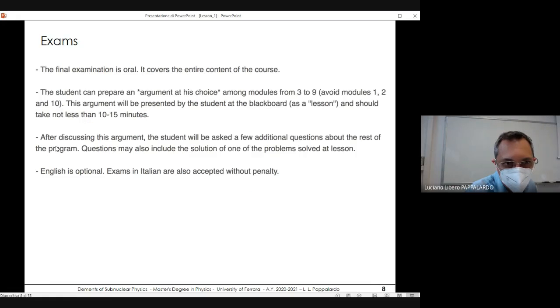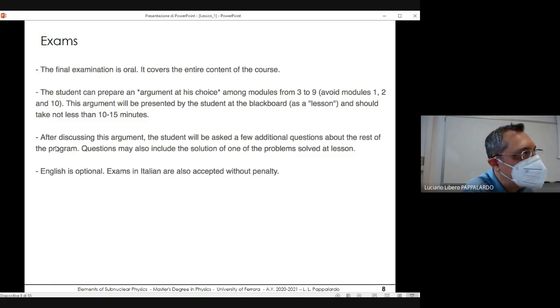Now, what about exams? The final examination is oral, and it covers, in principle, the entire content of the course. But the student can start the exam with an argument of his choice that can be chosen among modules 3 to 9. Here, I just ask you to avoid modules 1, 2, and 10 because they are either introductory or not the mainstream.